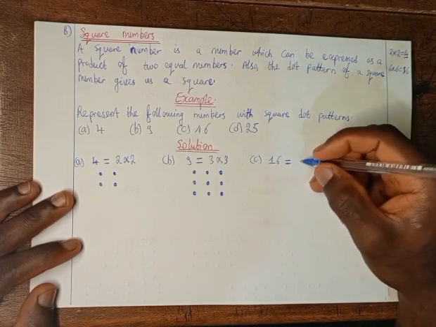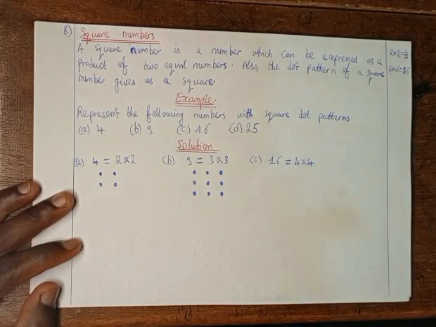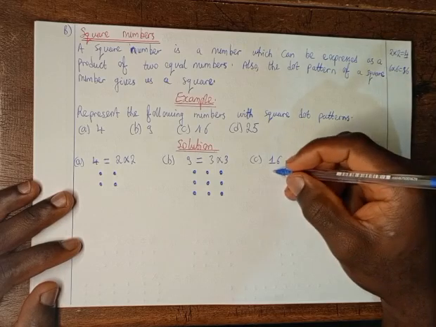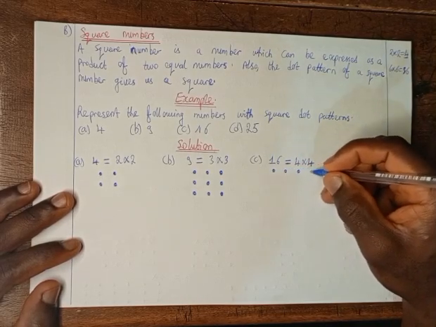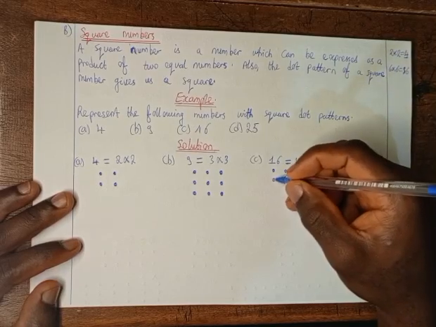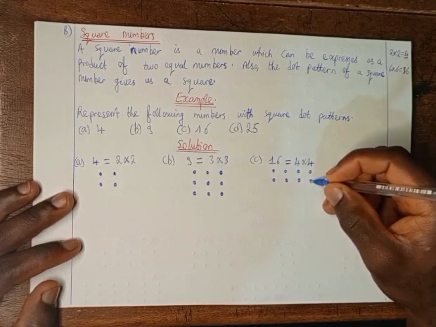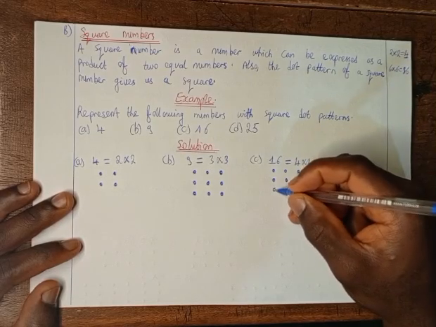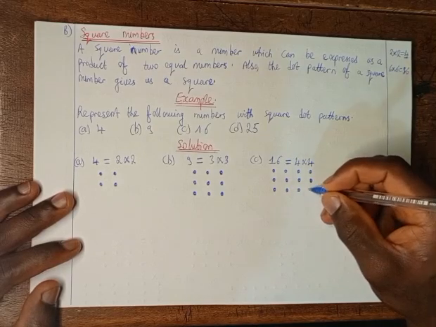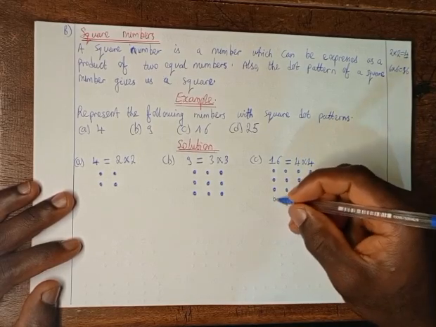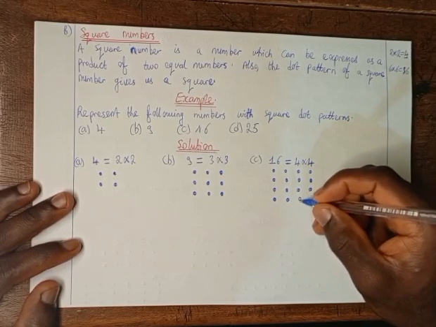Now 16 can be expressed as 4 times 4. It means for the first row we have 4 dots, second row 4 dots, third row 4 dots, the fourth row we have 4 dots.